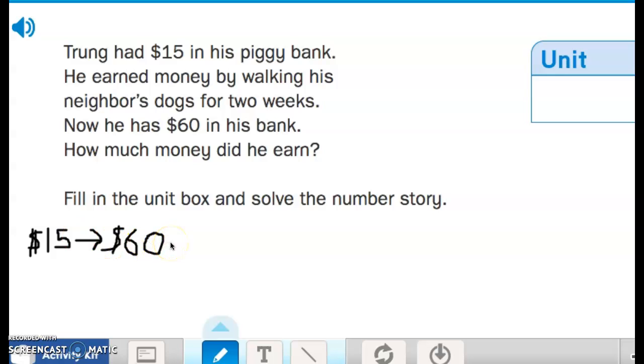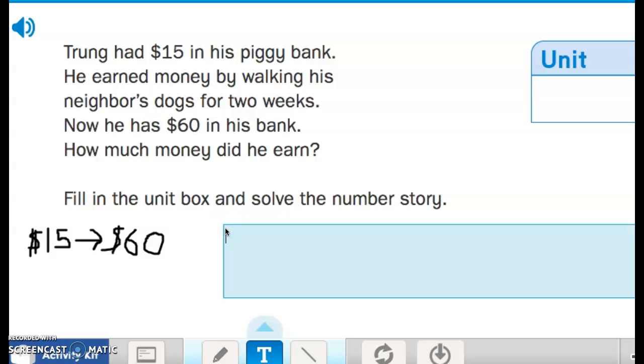But how do we get our answer? Well, let's think about it. There's several ways that we can look at this. First of all, I'm going to start typing here. We know that he had $15. And now we're going to add.